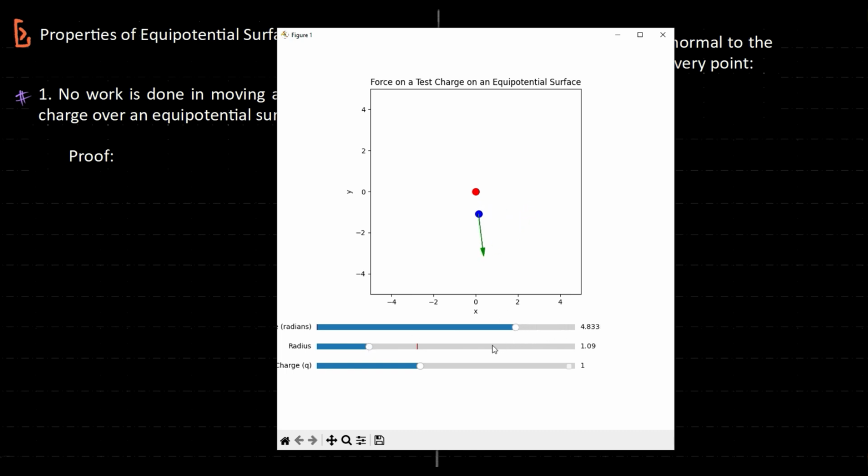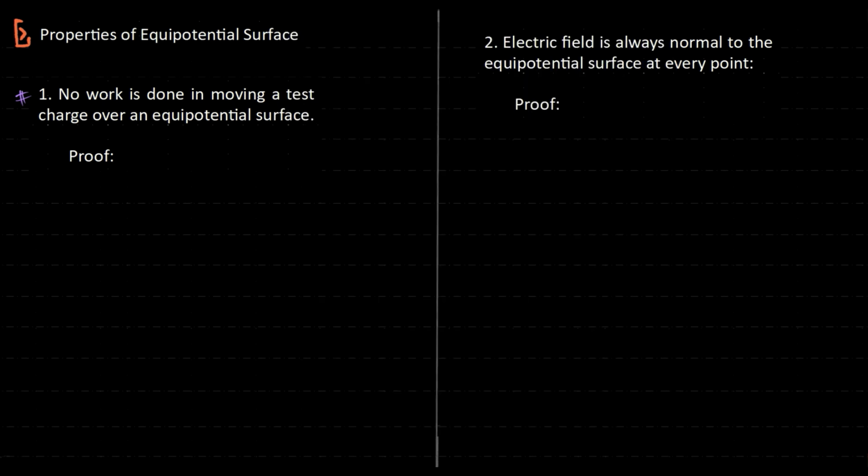But in this case, for a point charge, if you move along the same radius in two-dimensional space, or in three-dimensional space on the same surface with the center being your source charge, what happens? The amount of force will be the same. So this line and surface are your equipotential. Now we're looking at the properties.